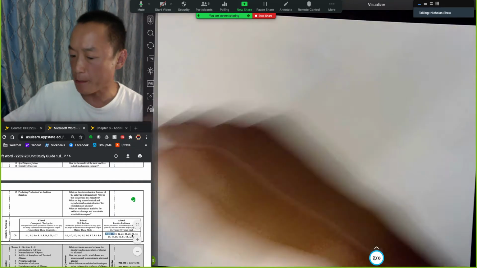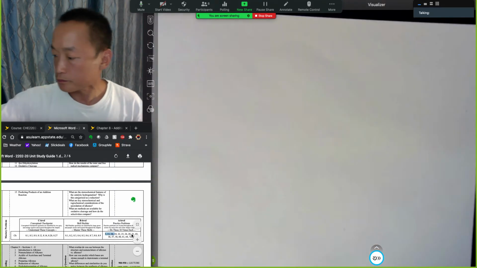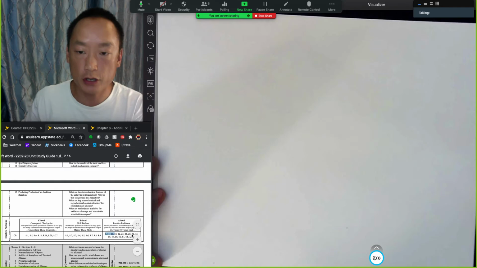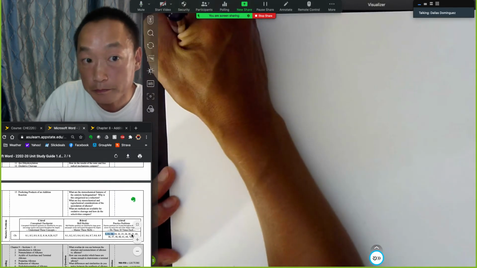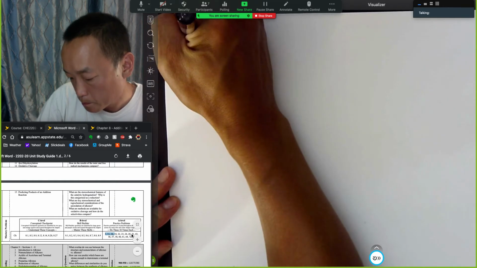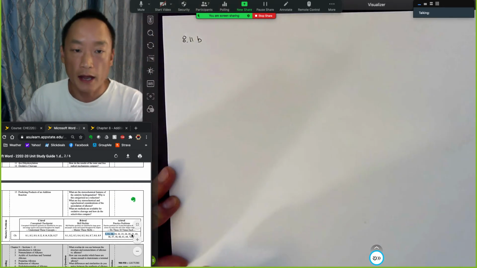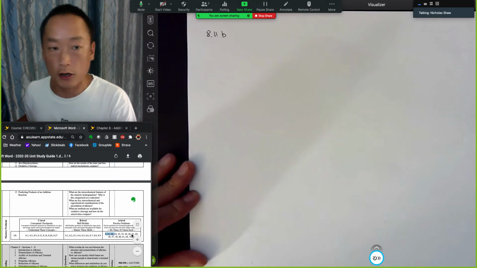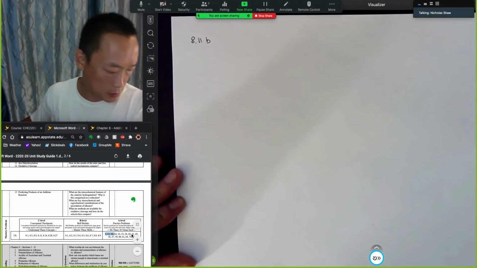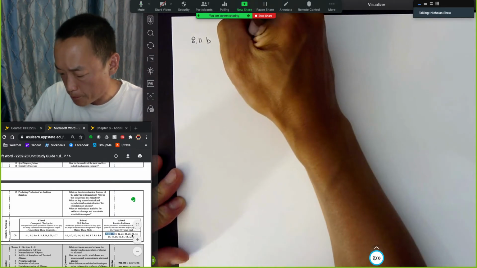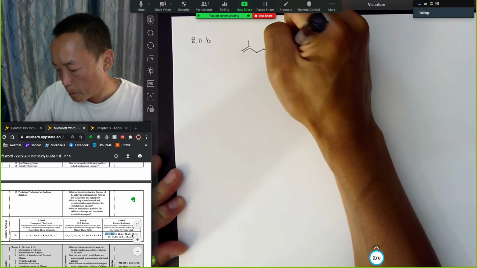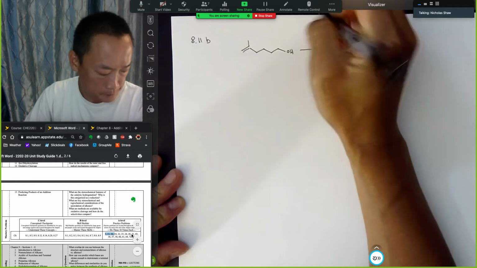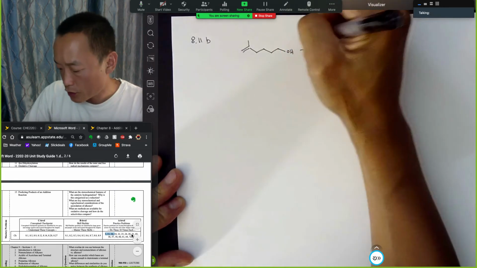Let's take a look at B. Question number B, 8.11b. Asks us to try and figure out what happens that would lead to this alkene reacting with sulfuric acid.